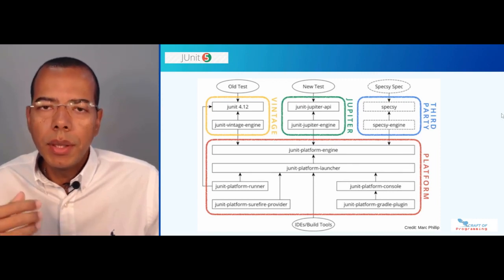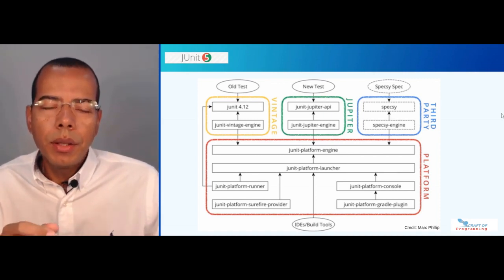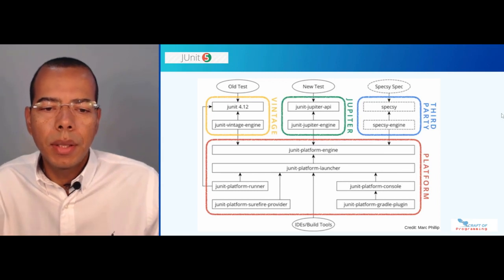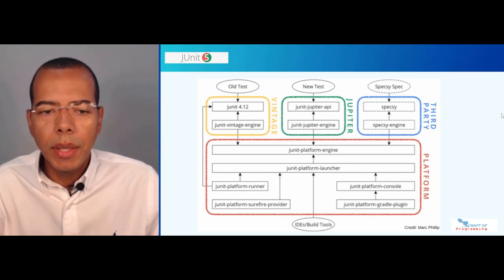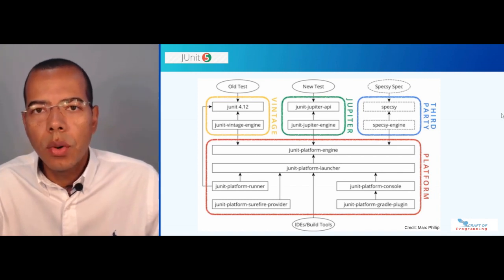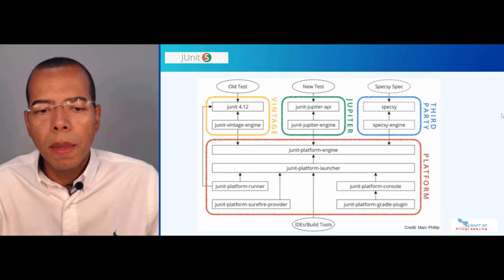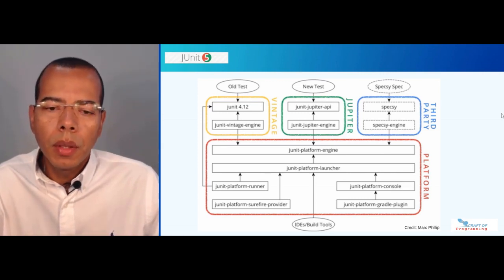That's the key dependency that your tests are going to depend on. And the Vintage in yellow here is provided for backwards compatibility, so that existing JUnit 4 tests can run in the new platform.